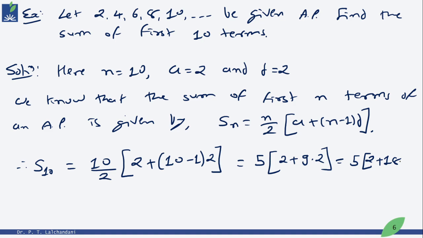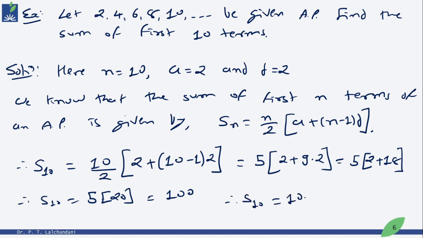Right? It is 18. Notice 18 plus 2, so it is 5 times 20. And we know that 5 into 20, that is 100. So therefore S10 is equal to 100 in this case. And this is your answer.